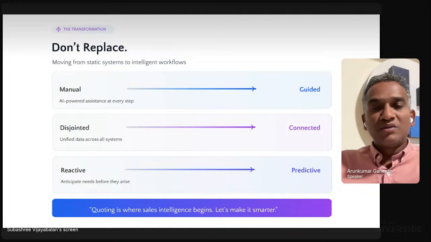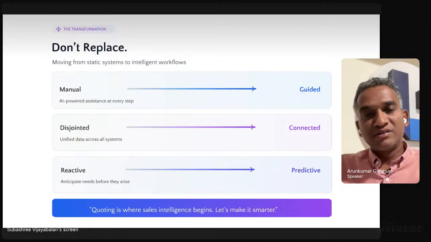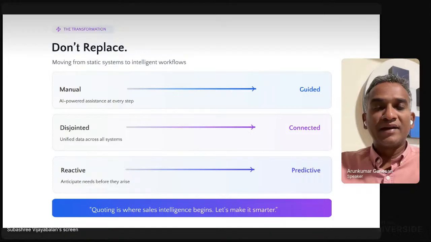So what we would recommend is, it's not about replacing Excel. You have to really move from static or rigid monolith systems to intelligent, configurable, and workflow-enabled systems, which turn your manual effort into a guided activity and all the disjointed systems into connected systems where all your teams work together.